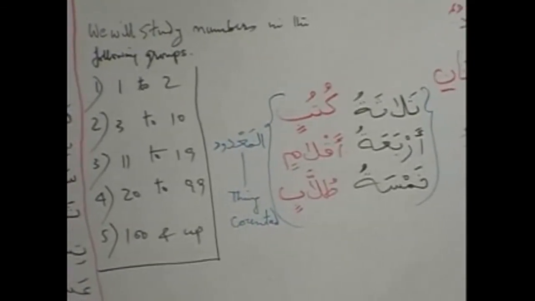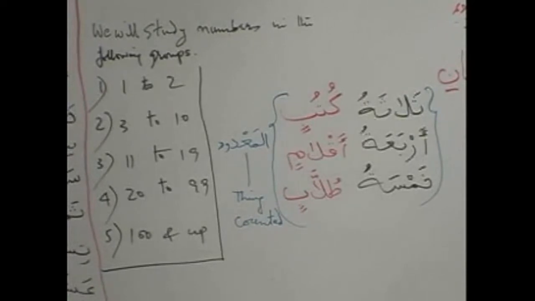And then 11 to 19, which we will study in the early part of book 2. And then from 20 to 99, that's another group. And then from 100 and up, that is a separate group. There are minor changes taking place when we start counting from 3 to 10, from 11 to 19, from 20 to 99, and from 100 and up. And we will note them, we will observe them, inshallah.